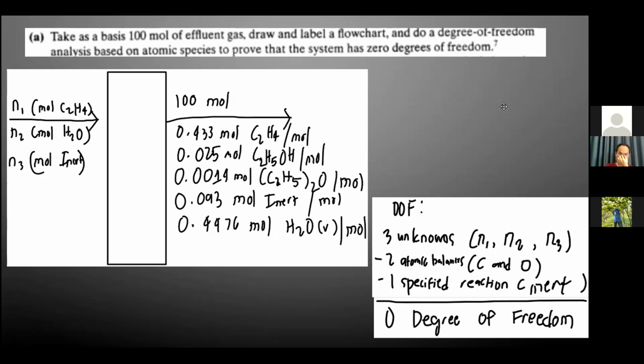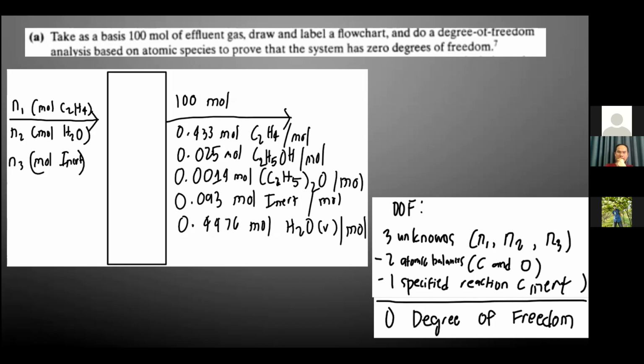And so we should assign the total moles of output to be 100 moles, and the given molar fractions of ethylene, ethanol, ether, inert gas, and the balance water are given. We're going to integrate that given information in the output.